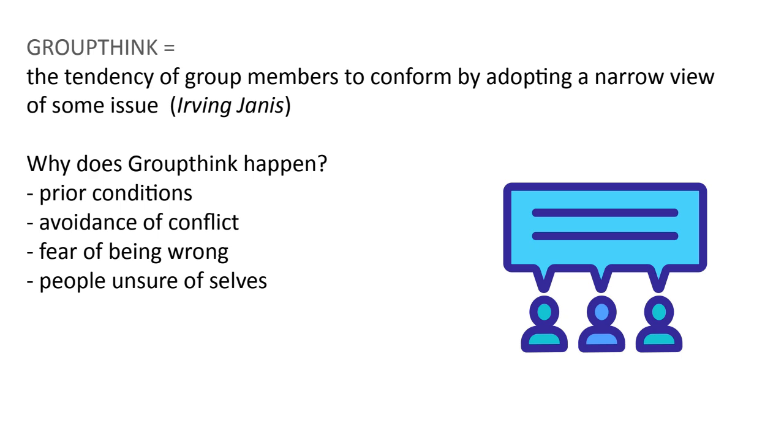Fear of being shunned by the more powerful members of the group also can account for why people self-censor and just go along with what they might think is a wrong decision. And people are just generally also unsure of themselves, their status or position within a group. They want to be part of the group, and so we adapt to go along with decisions in that way.